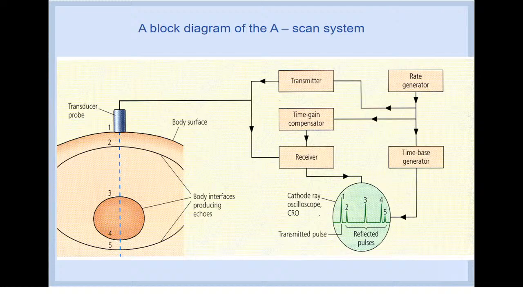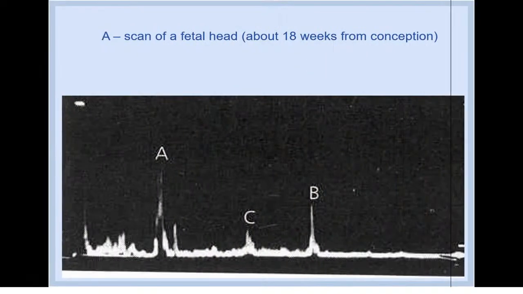The large peaks A and B correspond to echoes from the two sides of the skull, whilst the smaller peak C is due to an echo from what is known as the midline of the brain.